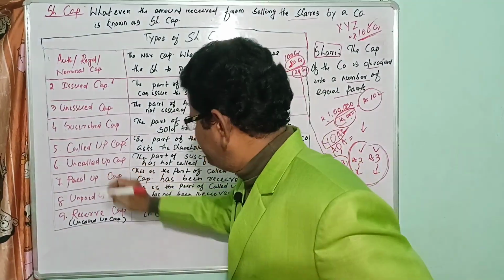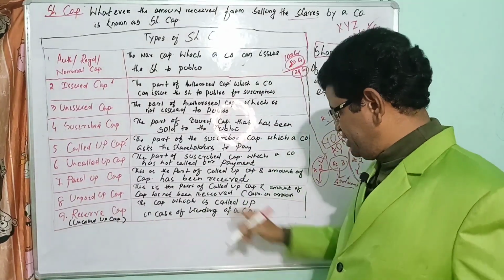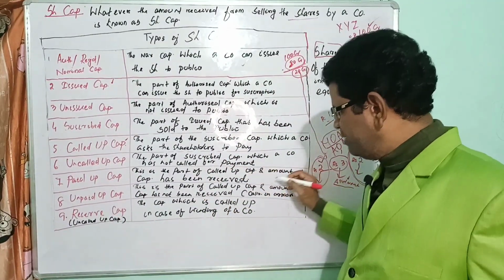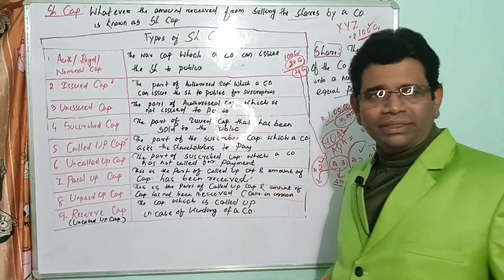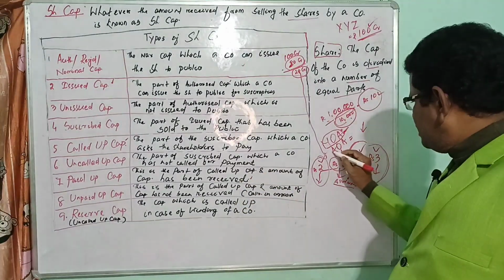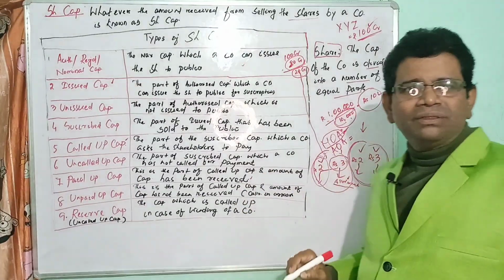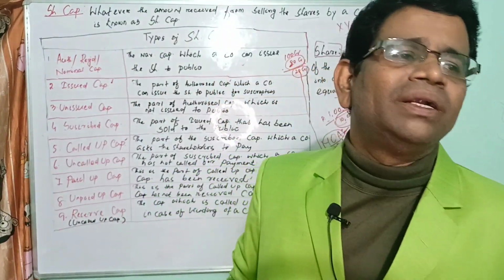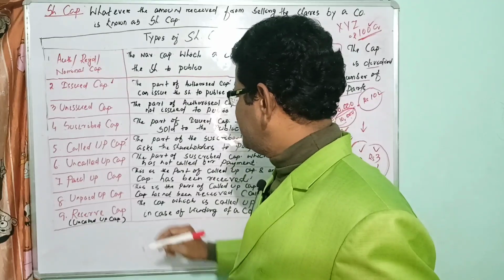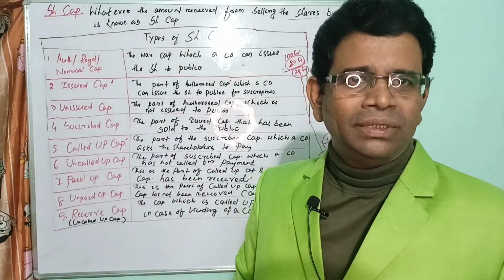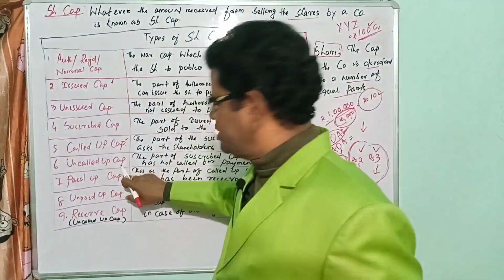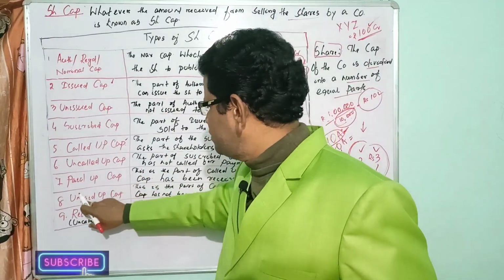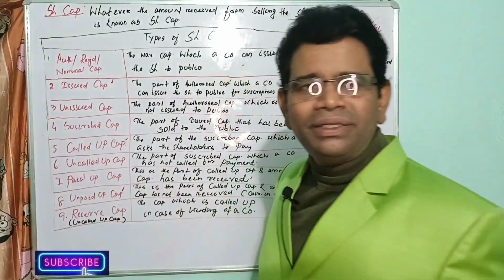Next, come to paid up capital. This is the part of the called up capital for which the amount has been received. Exactly what the call amount the shareholders have already paid to the company is known as paid up capital. The reverse is unpaid capital. What is this?